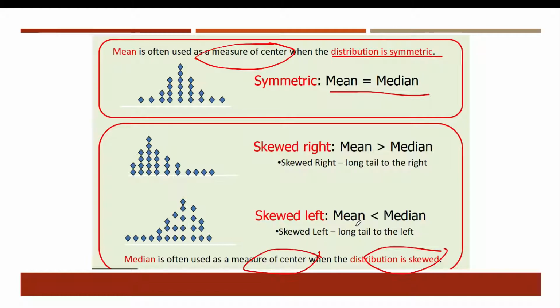If it is skewed to the right, the mean is higher than the median. Or it can also be skewed to the left. Like this one is skewed to the right, and this one is skewed to the left. What is meant by skewed left is when the mean is lower than the median.